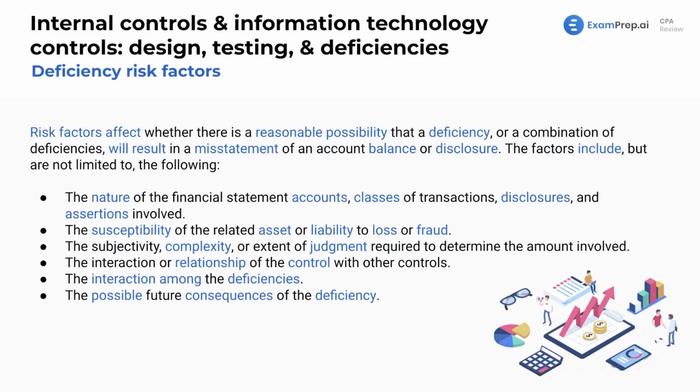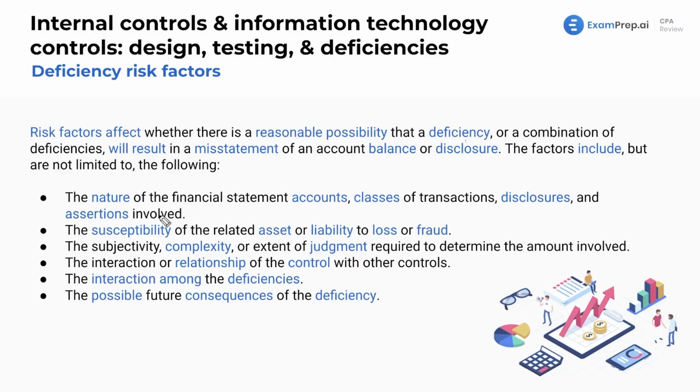What are some factors that lead into the risk of deficiency? Well, risk factors affect whether there is a reasonable possibility that a deficiency, or a combination of deficiencies, will result in a misstatement of an account balance or disclosure. The factors include, but are not limited to, and again, these are some provided by the AICPA: the nature of the financial statement accounts, classes of transactions, disclosures, and assertions involved.